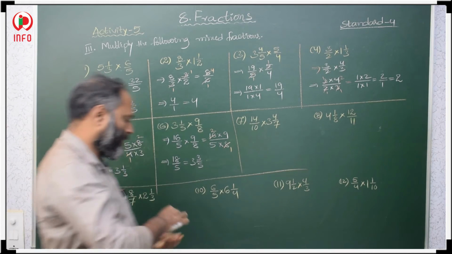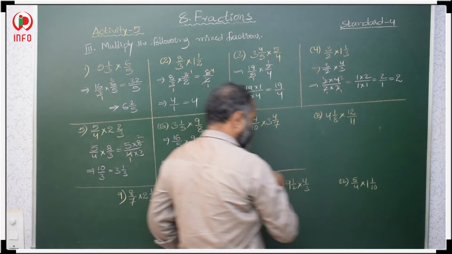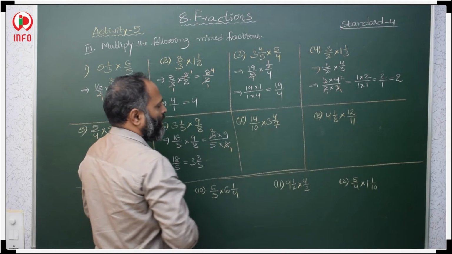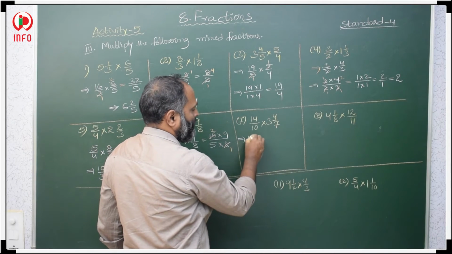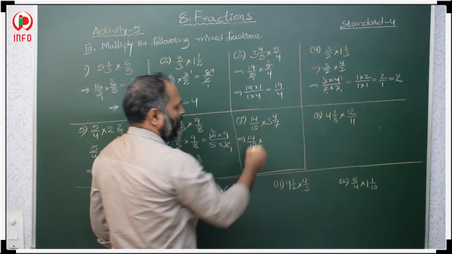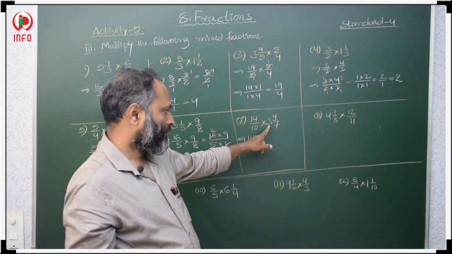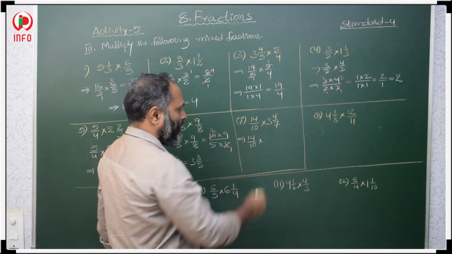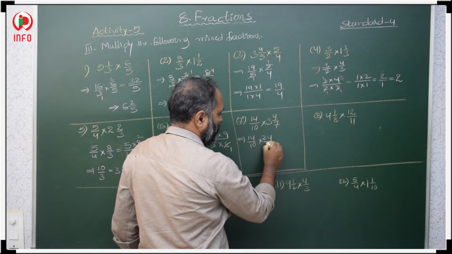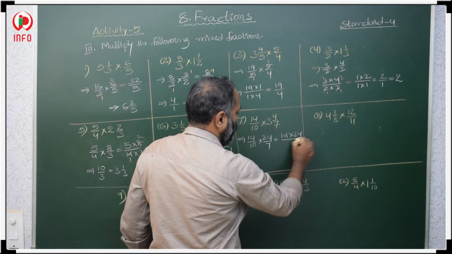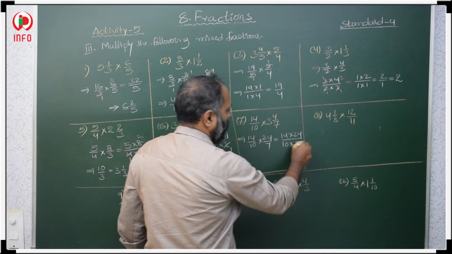Okay. Now, 14 by 10 same, into, we have to convert this into improper. 7 3s are 21, 21 plus 3 is 24, 24 by 7, that is 14 into 24 by 10 into 7.